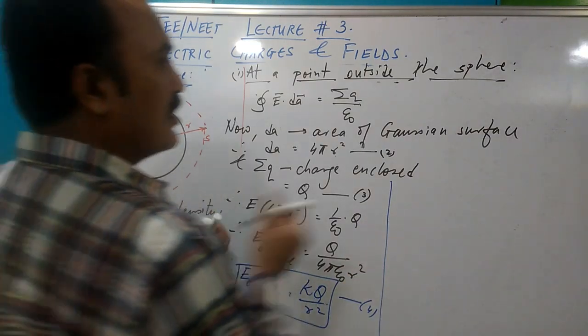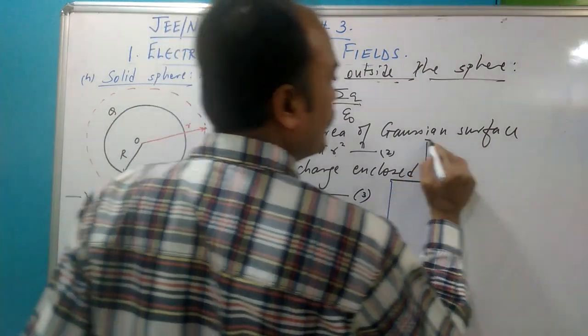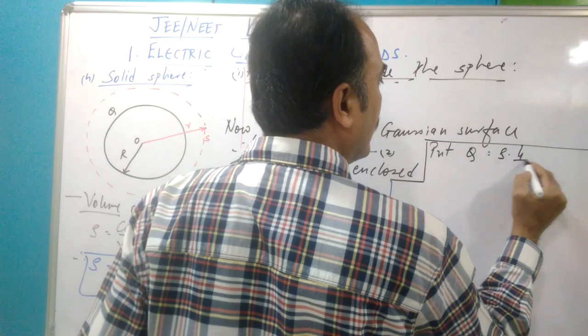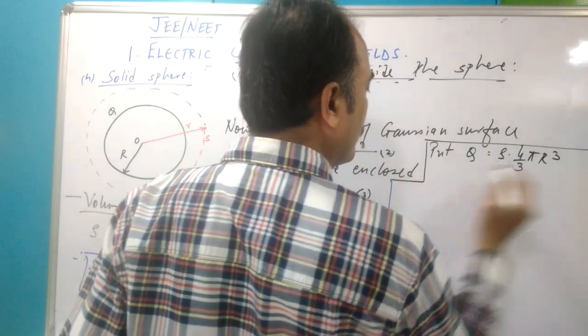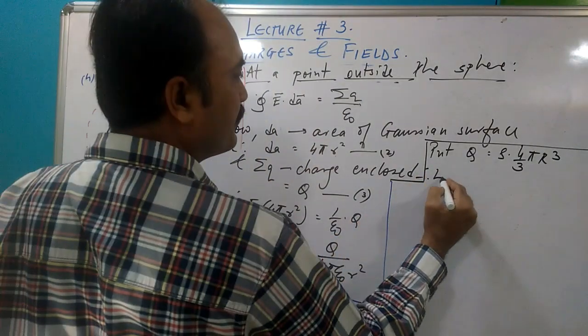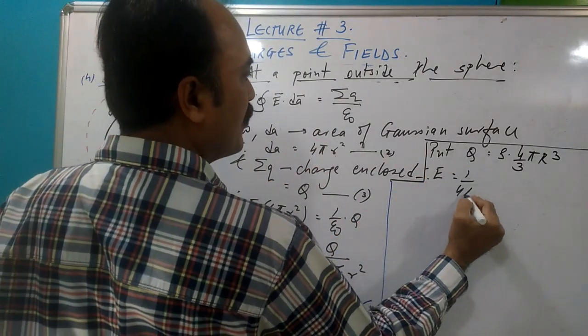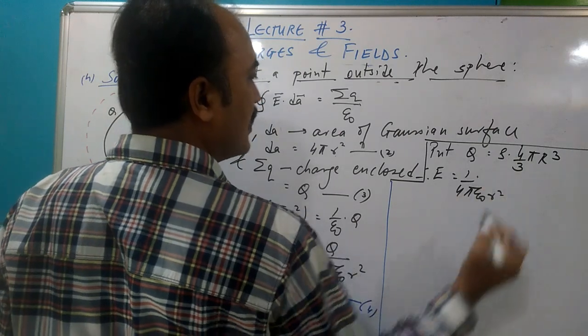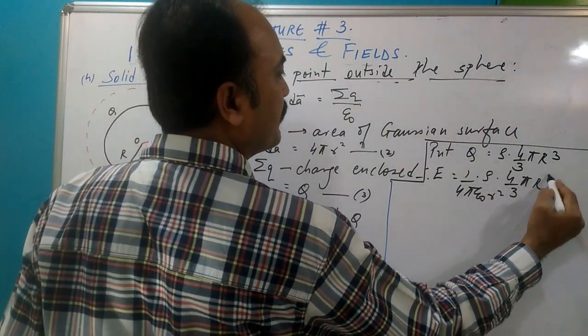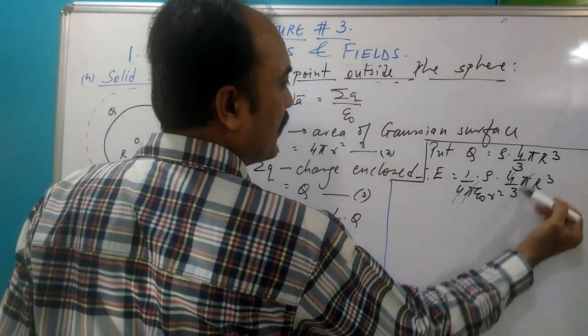So let me start it from here. Put Q as rho into 4 by 3 pi R cube. So E is 1 by 4 pi epsilon 0 r square into rho 4 by 3 pi R cube. 4 pi goes away.